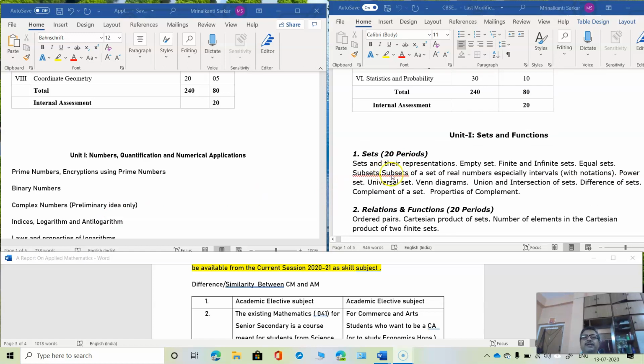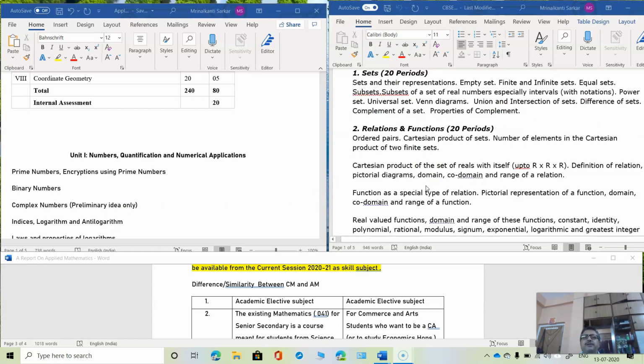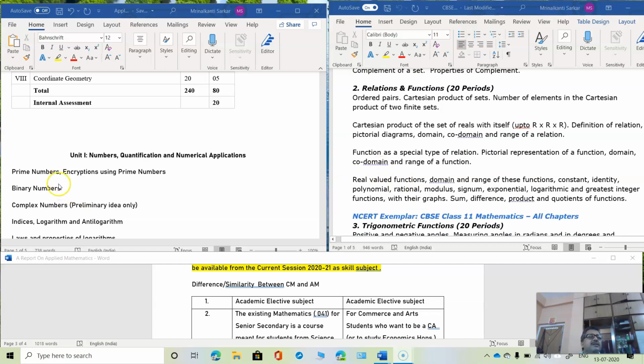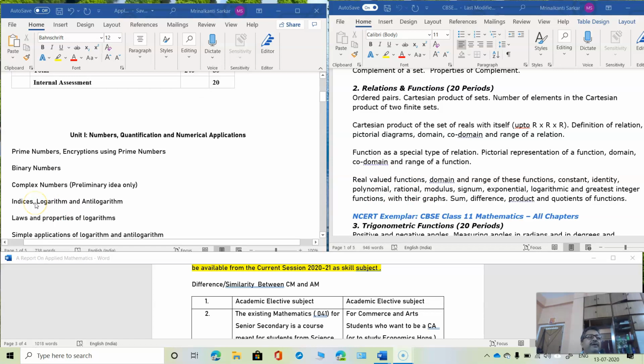The first part you see, sets, their representation, empty set, huge syllabus, set, relation and function. Function is not introduced here at all. Just go through. They have given a very useful part. Indices, logarithm, anti-logarithm, very useful for commerce students because they need almost page by page, line by line concept of all these. Log is very useful, anti-log is also very useful for them.